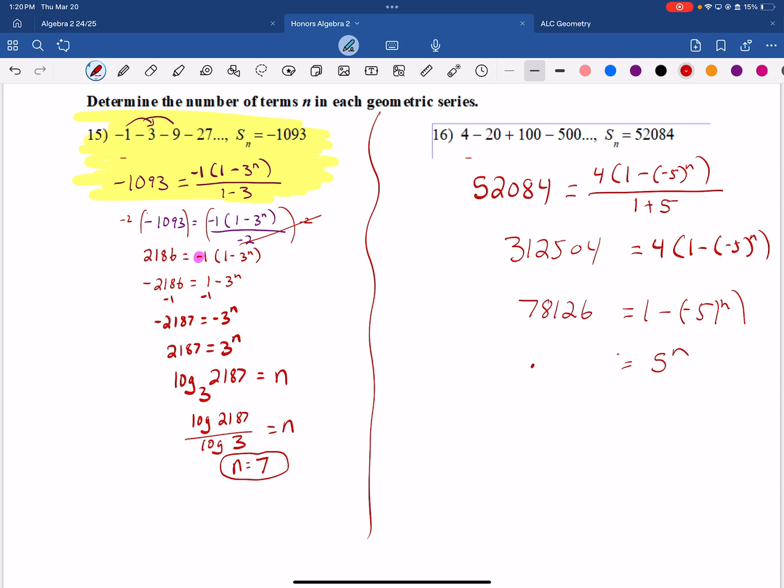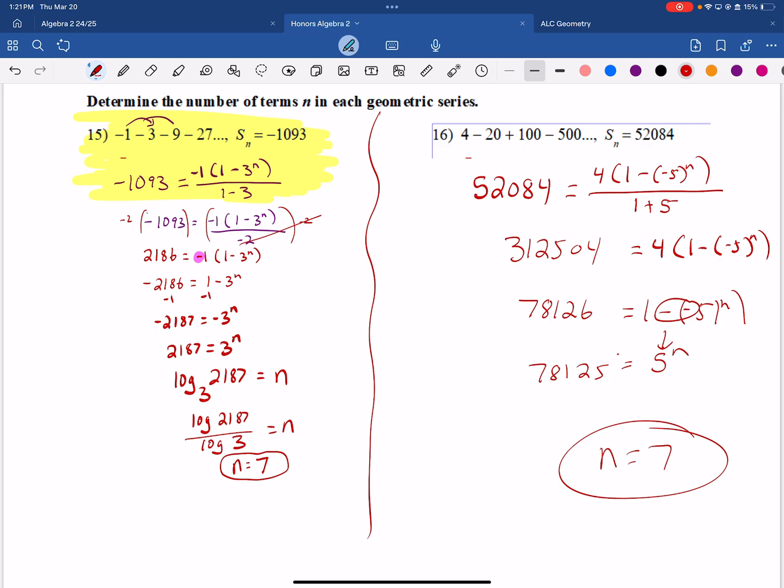So now subtract 1. 78125. Because this negative and negative is going to make that a positive, right? So the log of 78125 base 5. There we go. And n is equal to 7.